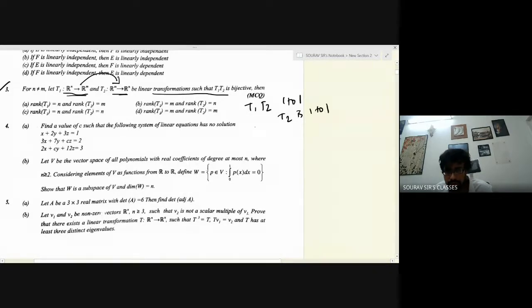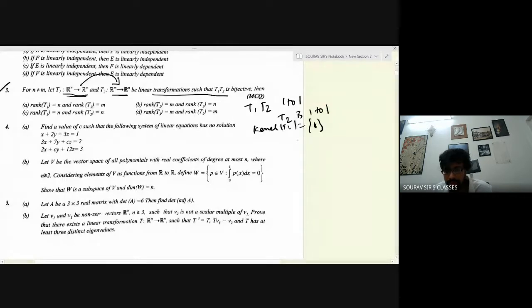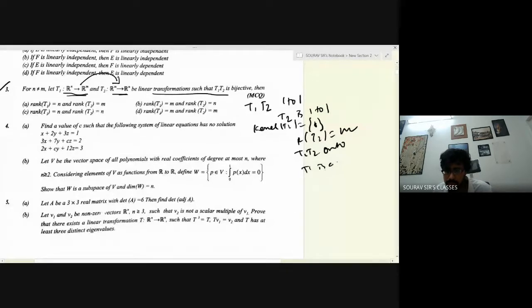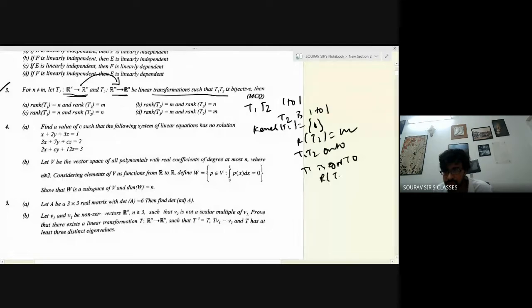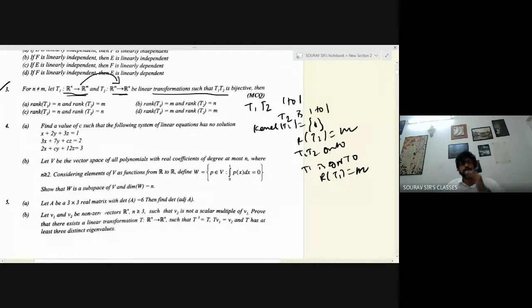Now the kernel of T2 is 0, rank of T2 is n. As T1, T2 is onto as well, so T1 is also onto. So rank of T1 is also n. So both of them are giving us the same rank, so D is the answer.